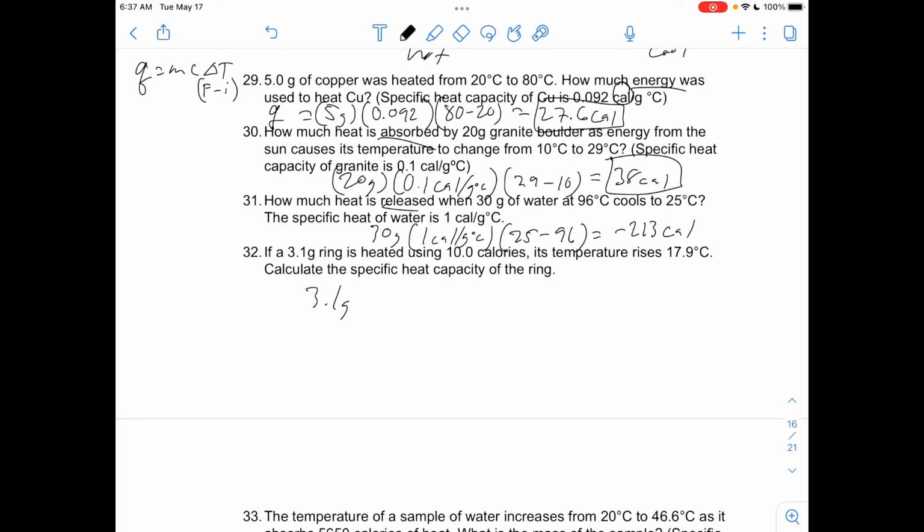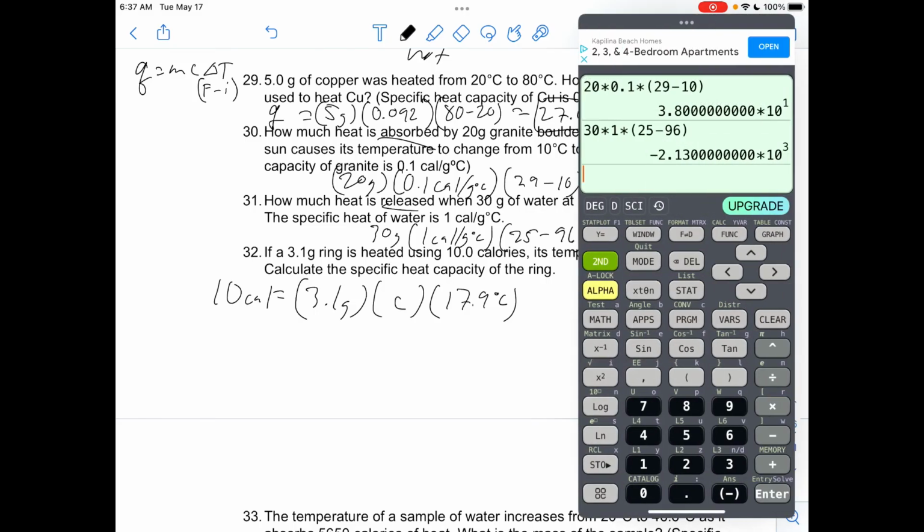Okay, a 3.1 gram ring is using 10 calories, so that goes in for Q. We're solving for C. It rises 17.9 degrees Celsius. So solve for C. I'm going to do 10 divided by 3.1 divided by 17.9.